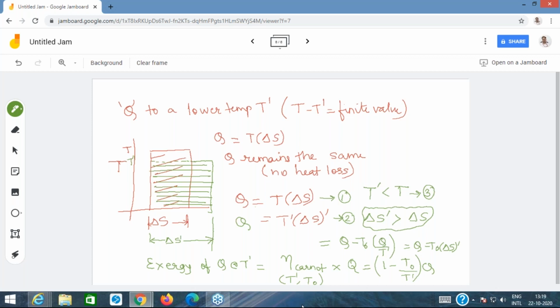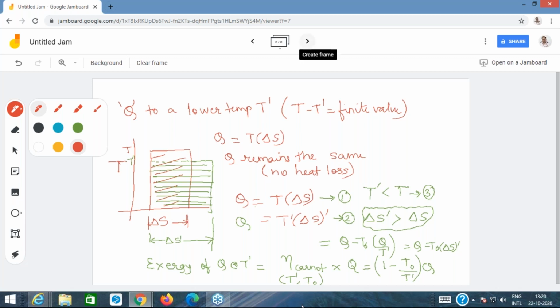If you look at these two expressions, the exergy Q minus T naught delta S and the exergy Q minus T naught delta S dash, you compare them. What do you find from the comparison? Let me write down the exergy here with red.